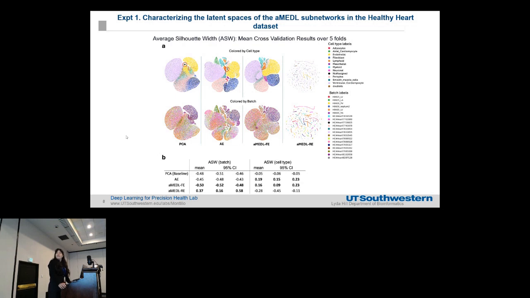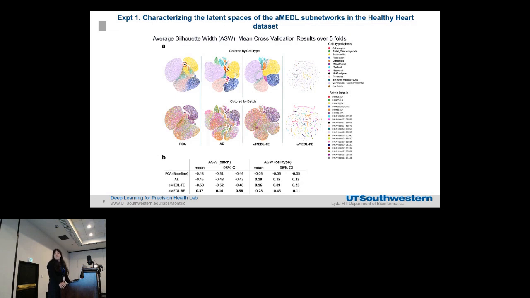So we can see here that our random effects subnetwork is modeling the batch variability because the cells no longer cluster by cell type, they cluster by batch. And we can also see that our fixed effects latent space is batch invariant because we have a better batch mixing than in the PCA and the autoencoder.